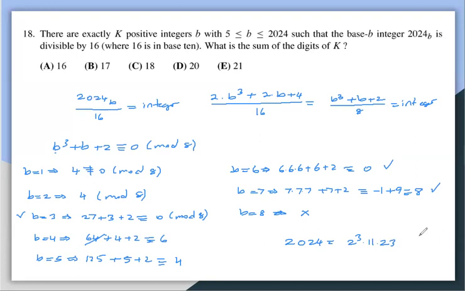Because we have mod 8, we cancel the multiple of 8, so you get 11 times 23, which is 253. That many blocks of 8, but we need 3 out of 8 of the numbers, since 3 out of 8 work.